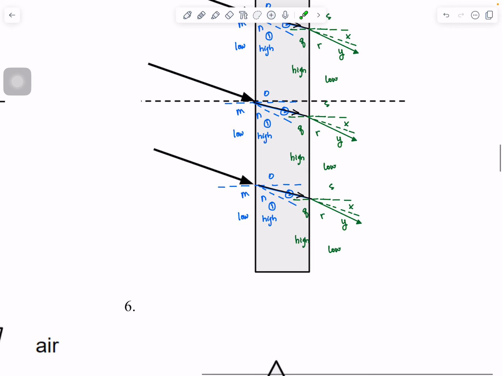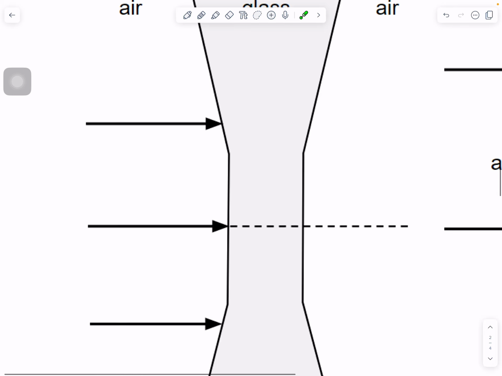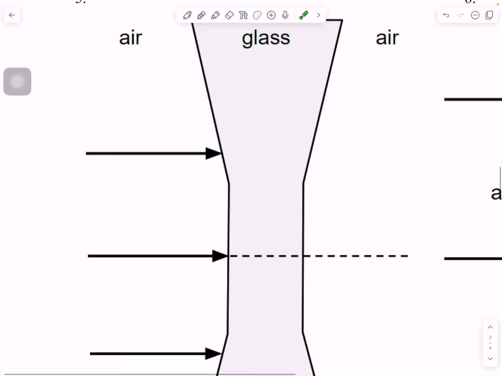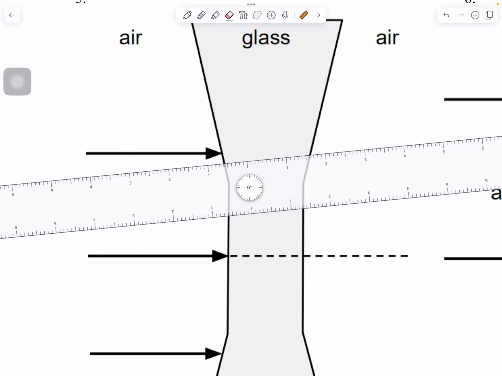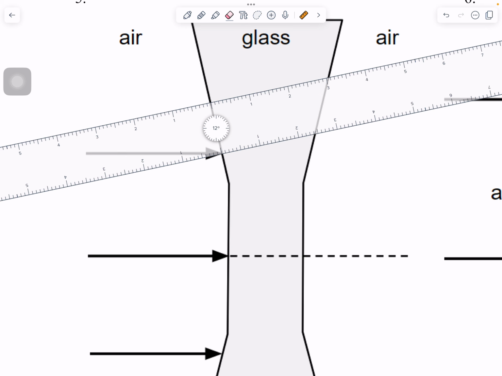Okay, so we've got some more complex ones. So we're going to do the same process. So back to blue. Now, again, we're going to draw a normal. The normal looks like, whoa, I'm going to pull my ruler out. That is the normal.